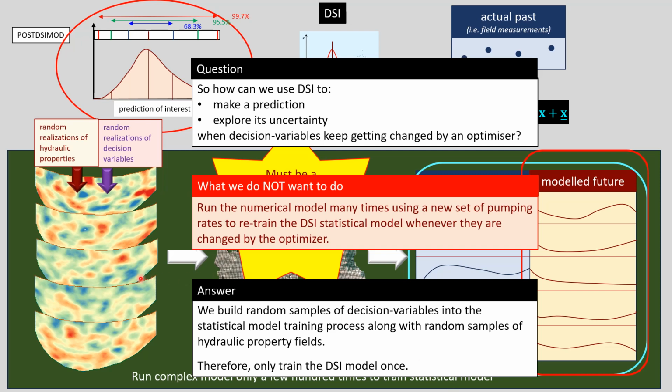During this training process, 500 runs of the complex model with different random realizations of the prior parameter probability distribution, I can use random realizations of decision variables. Therefore, the fact that I'm going to be using different stresses when I make different model runs during the optimization under uncertainty process can be taken into account in ways that we will now discuss.